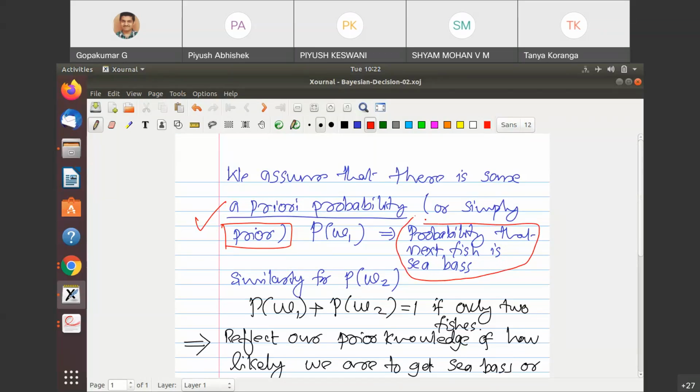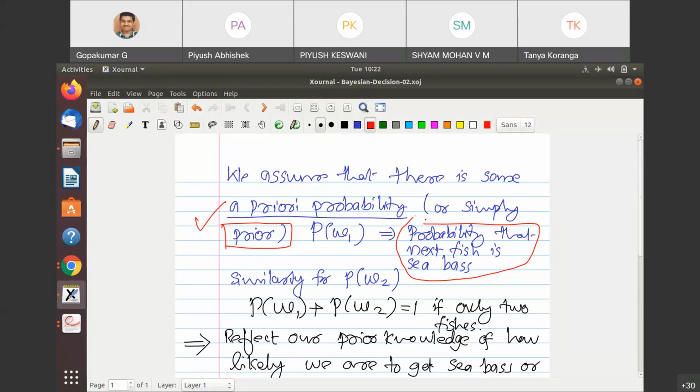Here, assume that you don't know anything about the features. Suppose there is a situation where you are told that the probability that the next fish is sea bass is this value, and the probability that the next fish is salmon is this particular value. You are not seeing any fish, but you are given some probability values for whether the next fish is sea bass or salmon.